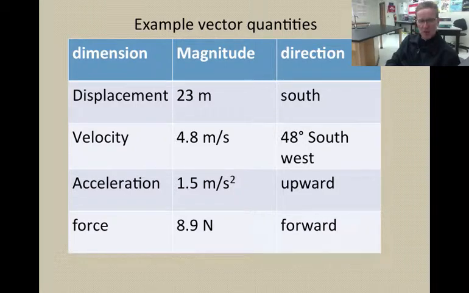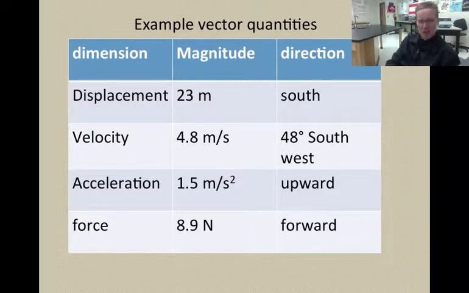So here's some various examples. We have displacement 23 meters south, or 4.8 meters per second for a velocity. And if it was at an angle off of our south and west, using cardinal directions, we would have to give it an actual angle, and that's something that we will learn in the screencast.